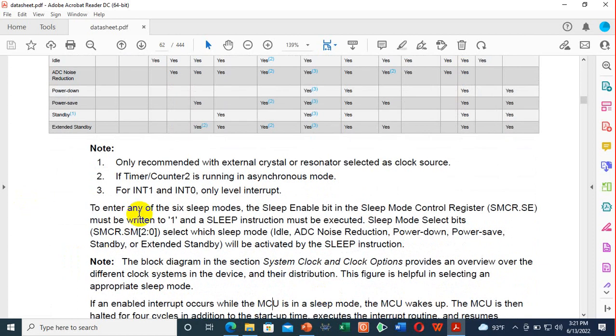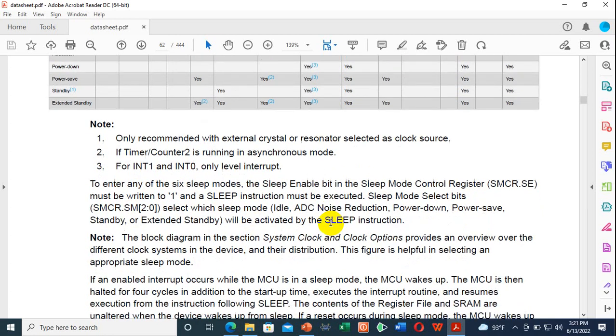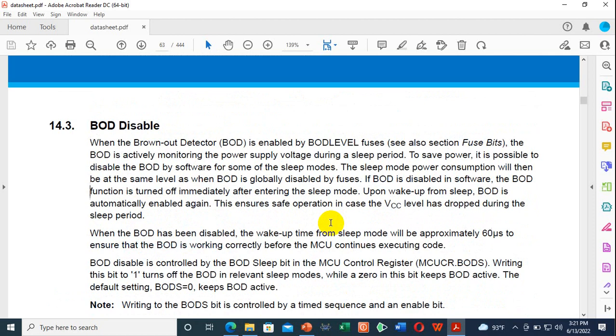So to enter any, okay, there are 6, not 5. There are actually 6 sleep modes. To enter any of the 6 sleep modes, the sleep enable bit in the sleep mode control register must be written to 1, and a sleep instruction must be executed. So how is the sleep enable bit?